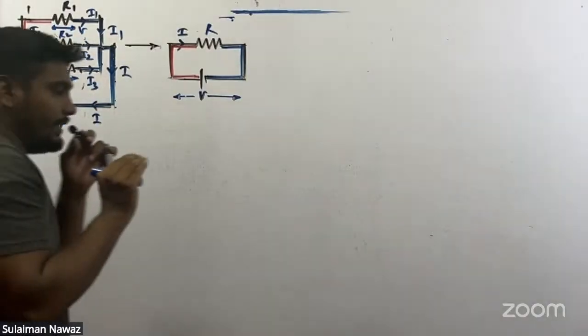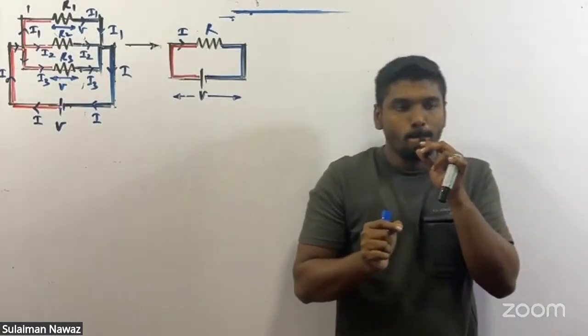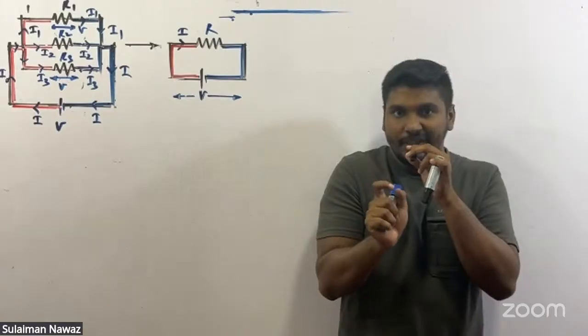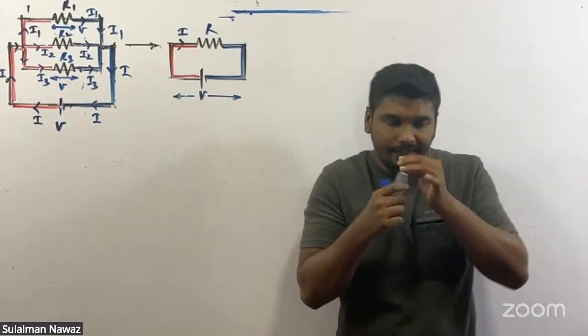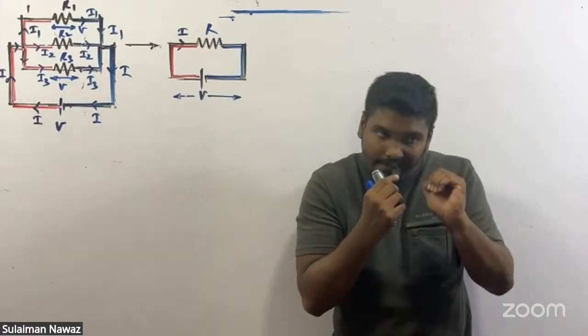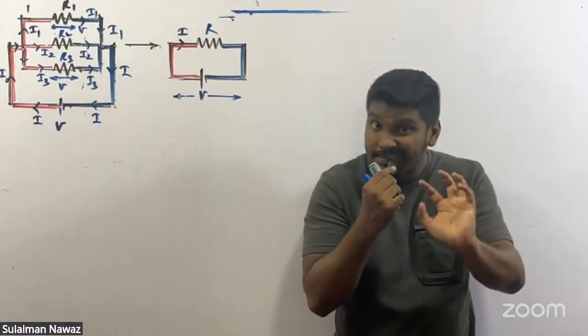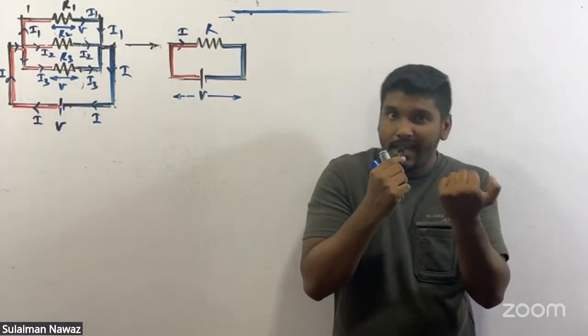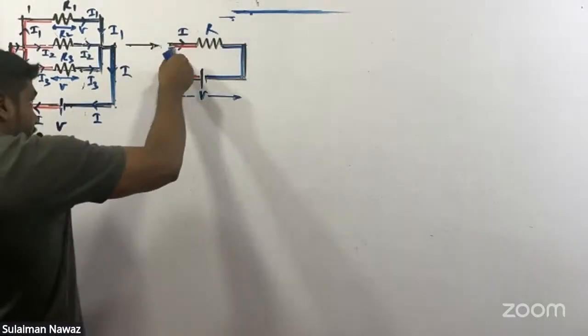So we know that when there is a current passing through a resistor, and the potential difference across the resistor is capital V, then we can write capital V equals IR. If there is a current capital I passing through a resistor of resistance capital R, the potential difference across that resistor can be given by the equation V equals IR.